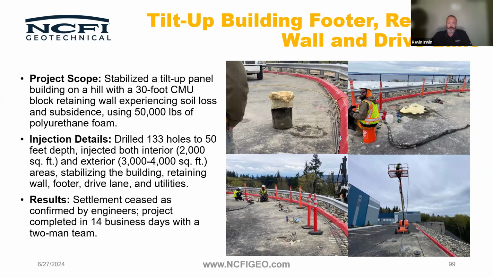The contractor used 50,000 pounds of chemical, drilling 133 holes up to 50 feet deep. So injected both interior and exterior, stabilizing everything, the areas that were injected, down to 50 feet.